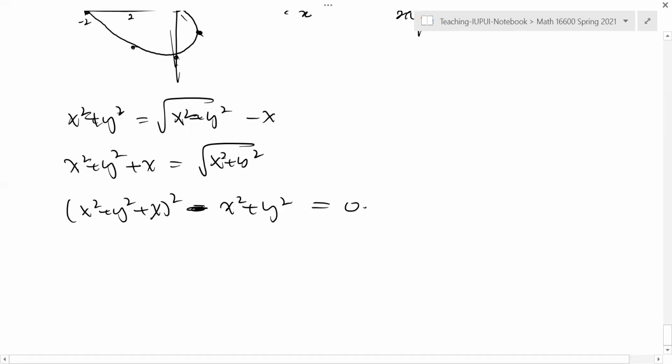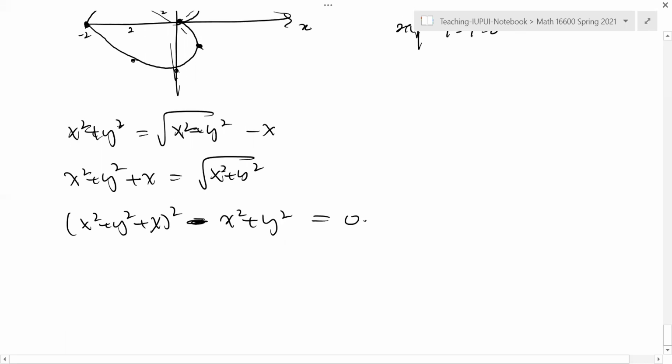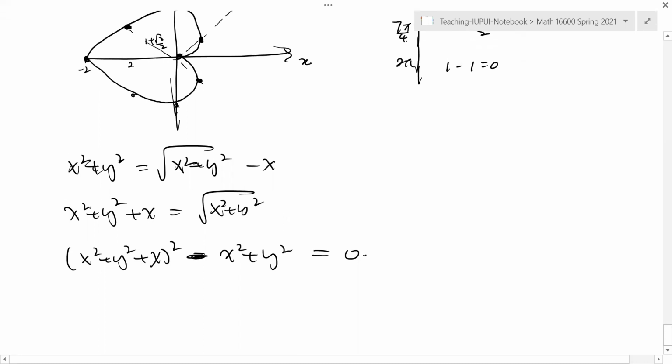Or you can use a computer to plot them. You have a graphing calculator. You can sketch this graph with a graphing calculator. Probably it contains more points than the above one, because why? When you square it, sometimes the equation contains more. How do I know that?